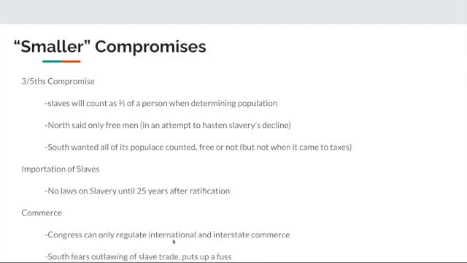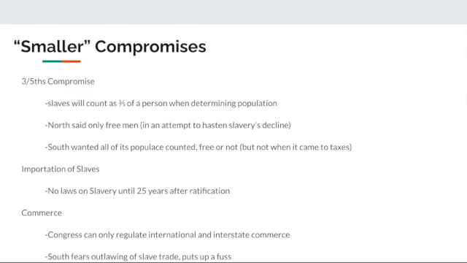So states can't make preferential deals with foreign powers. The same thing goes with interstate commerce. So North Carolina can't tax South Carolina goods that are going through it on their way to Virginia. All states have to treat each other equally when it comes to business.